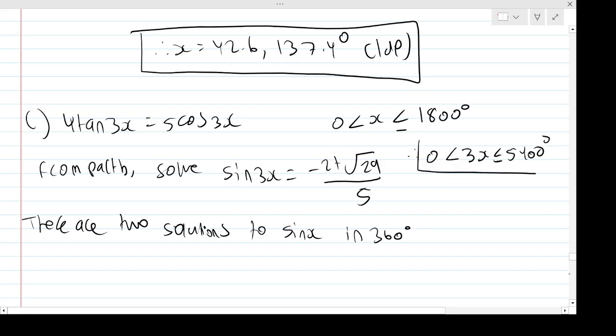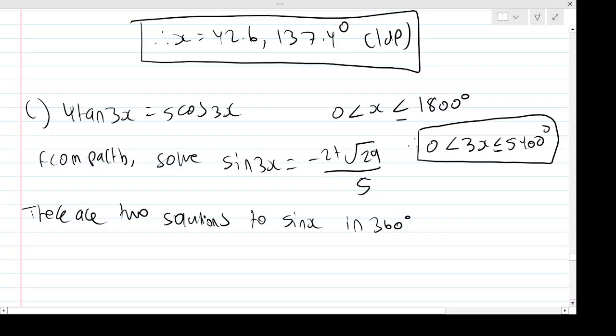Those are the range of values, the degrees, we need to go up to. Now, 360 degrees essentially means two solutions. We saw in part B, this equation has two solutions in 360 degrees. Well, that means we need to go up to 5,400.